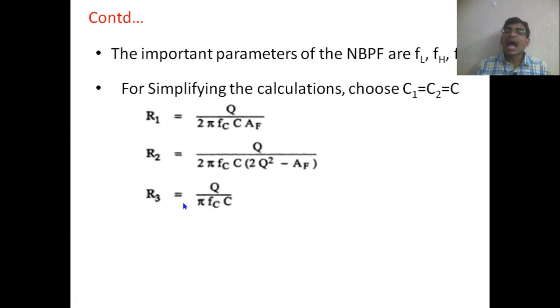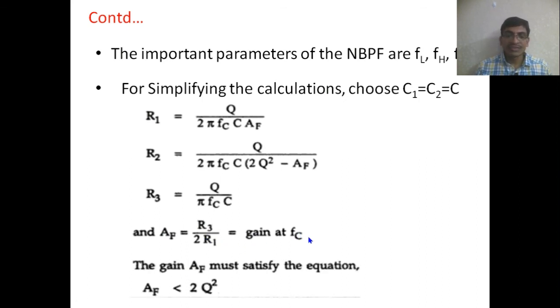The R3 value is given as Q divided by pi FC C, and the gain AF is equal to R3 divided by 2R1, which is the gain at FC, the center frequency.